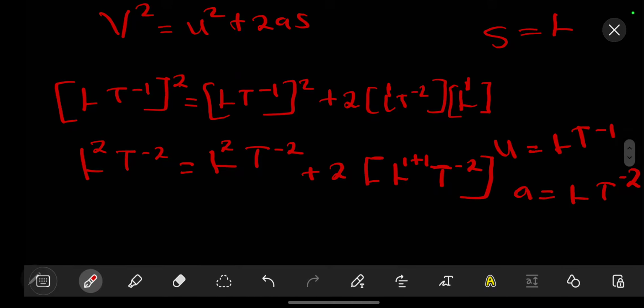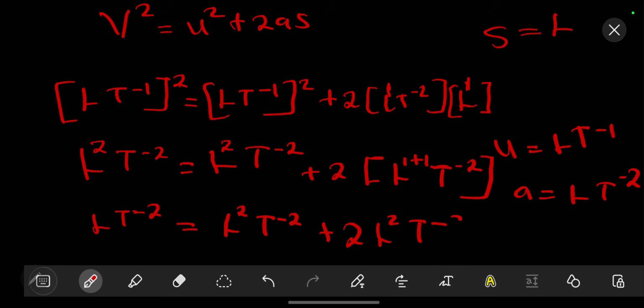Then we have LT raised to the power -2 should be equal to L to the power 2 T raised to the power -2, then plus 2, L to the power 1 plus 1 is L to the power 2, then we have T to the power -2, like that.